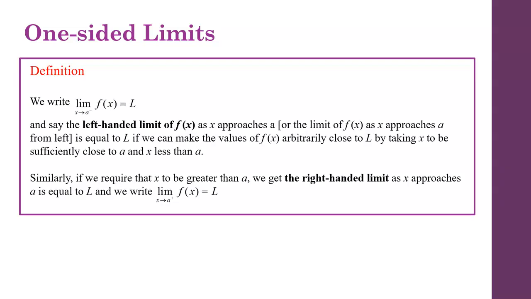And that's what the concept of one-sided limits is all about. So by definition, we use this notation where I have a limit as x goes to a, but a has a negative superscript on the top.